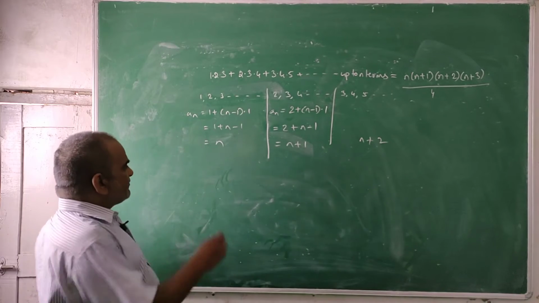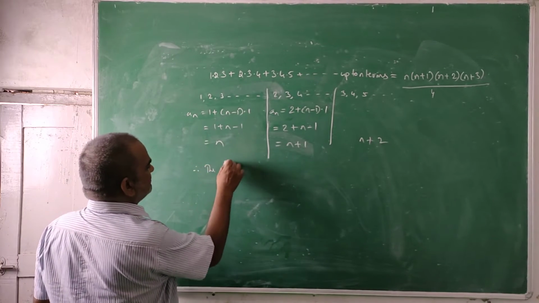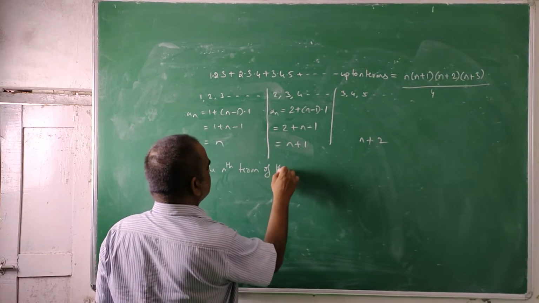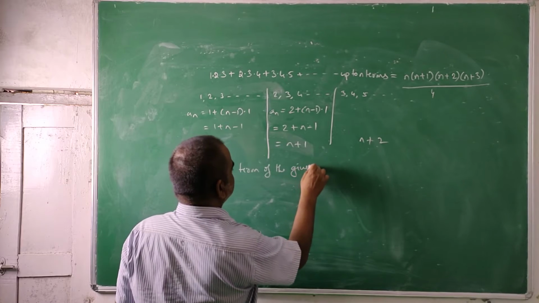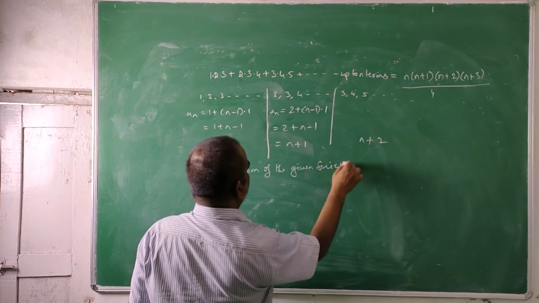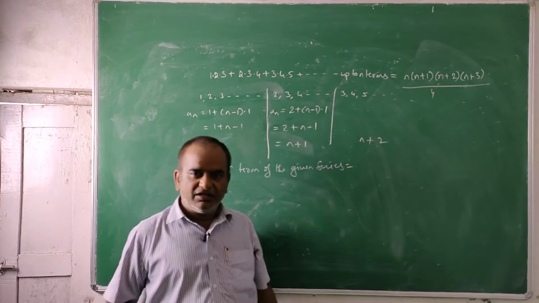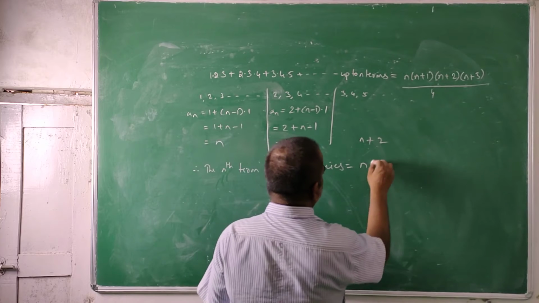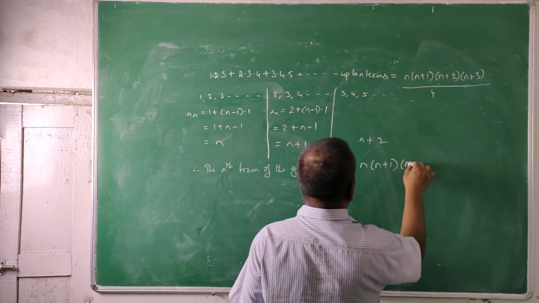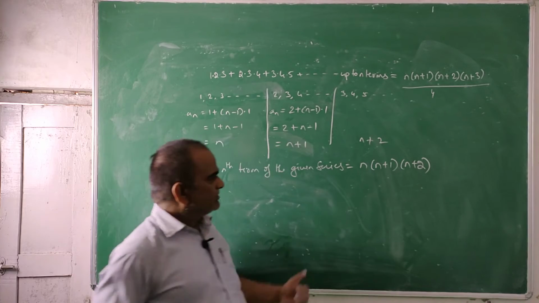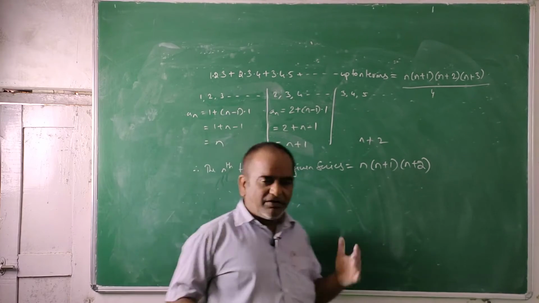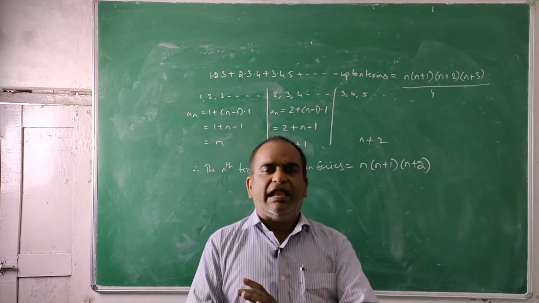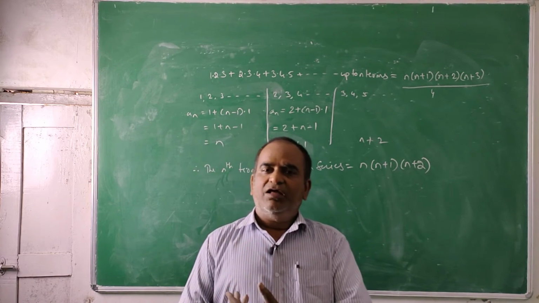Therefore, the nth term of the given series would be the product of all these nth terms, that is n into n plus 1 into n plus 2.